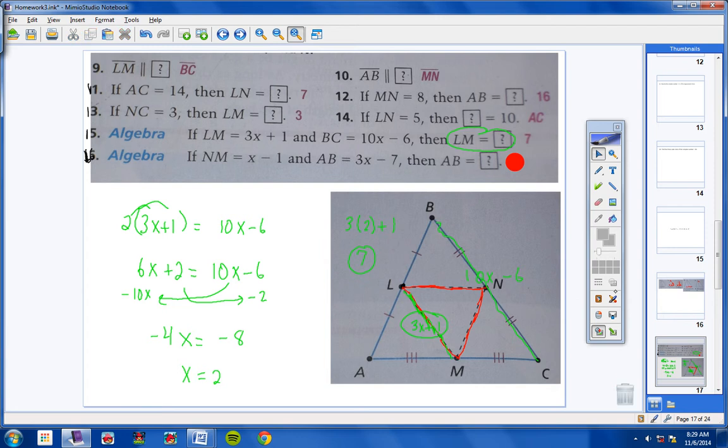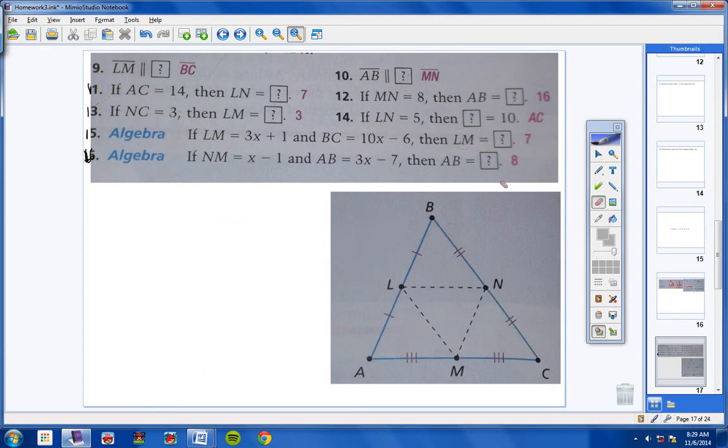Okay, let's take a look at our last one, and we'll be finished with this section. Okay, here we go. In M, the segment right here is x minus 1. Okay, in AB, this entire segment here is 3x minus 7.